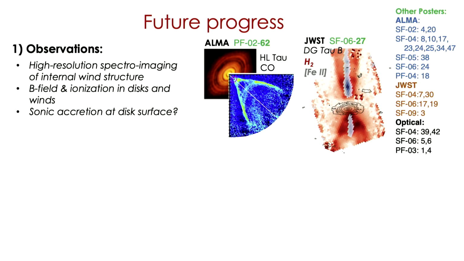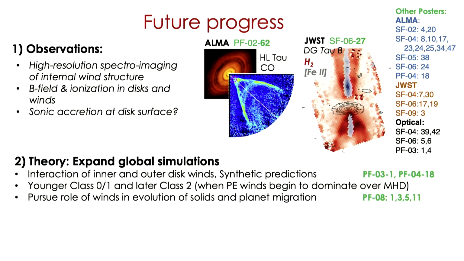The optical is also bringing really nice information. In particular, there is one poster with a detection of an O1 low velocity component from PDS 70. That is quite surprising in a way, but very interesting. So check that. We would also like, of course, to see the B field.